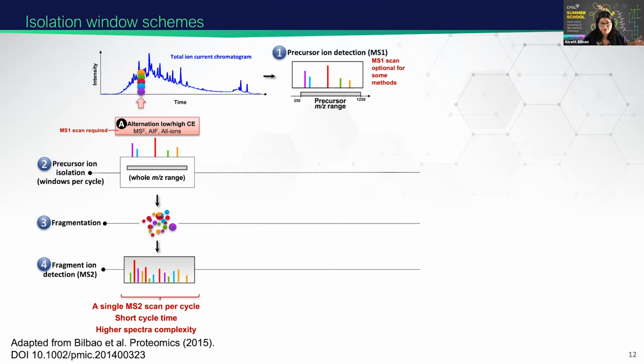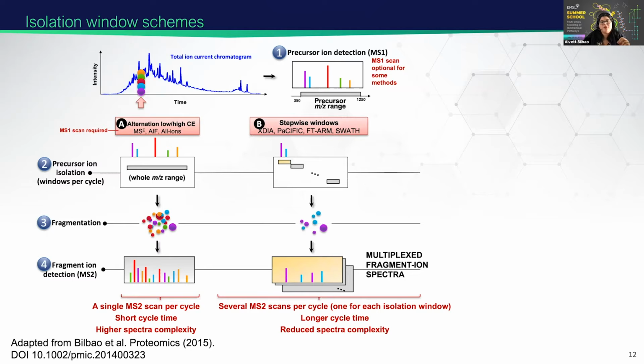One of the first methods proposed for DIA was to use just one experiment, like for example MSE, which used only one experiment to collect data from all the precursors, and then the instrument alternates between no collision energy or low fragmentation energy and high fragmentation energy to fragment all the precursors that are eluting at that time point.